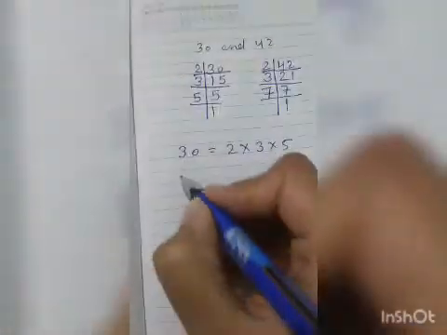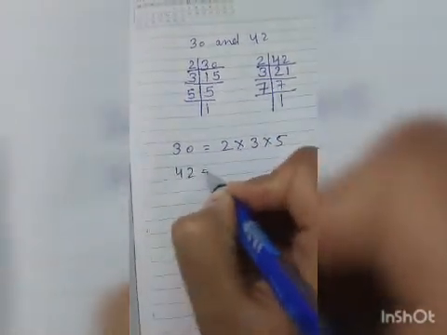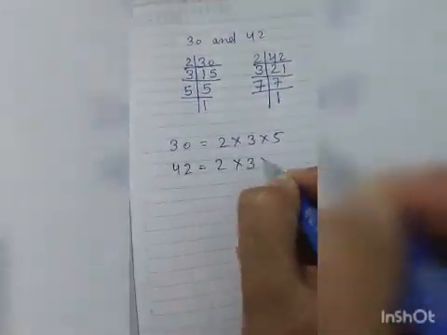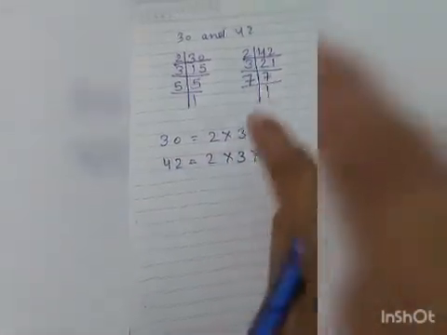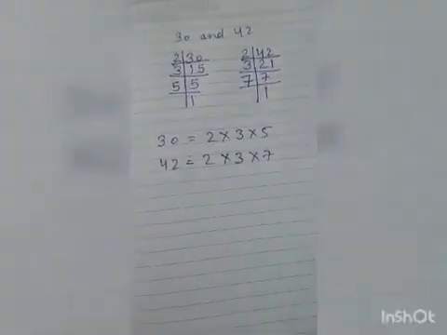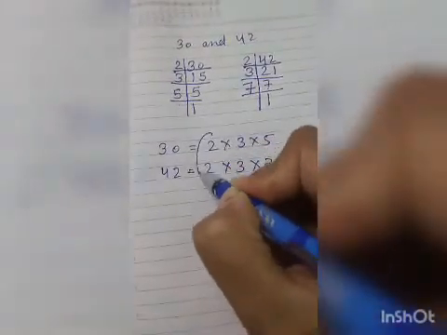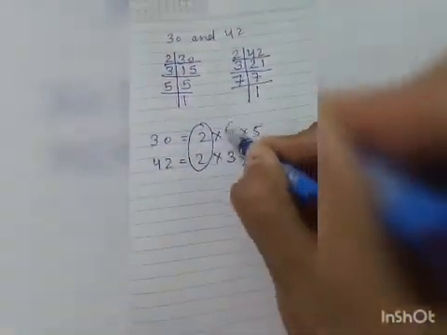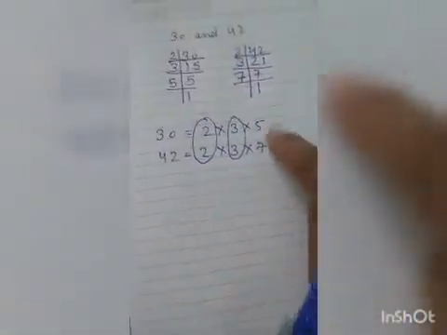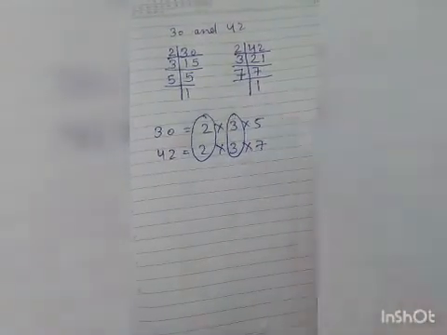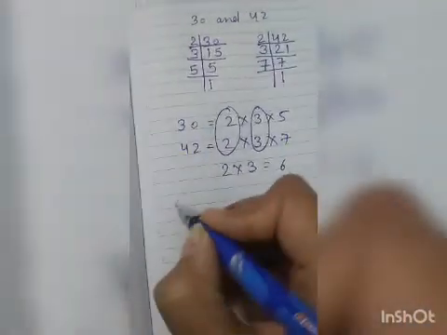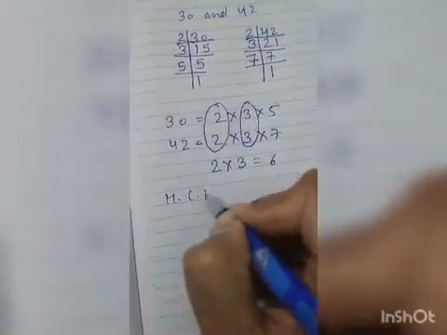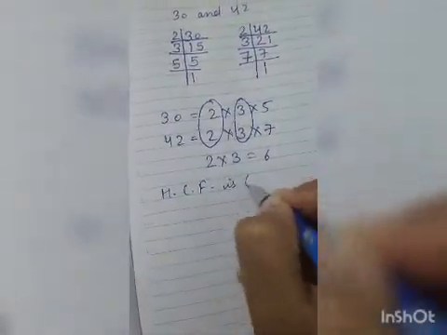So the factors I will write for 42 are 2 into 3 into 7. Now we have to select the common numbers in both. Here what I have common is 2 and 3. Here is no 5 and here is no 7. So 2 multiplied by 3 is 6. So here also the highest common factor is 6.